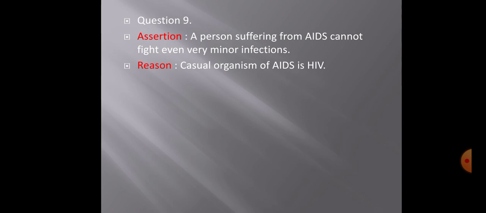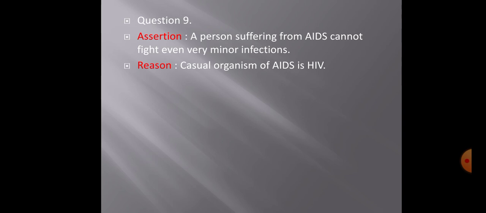So a person who is suffering from AIDS cannot fight even minor infections. Of course, AIDS is an immunodeficiency syndrome where the immune system of a person starts degrading, meaning the immune system will not work.